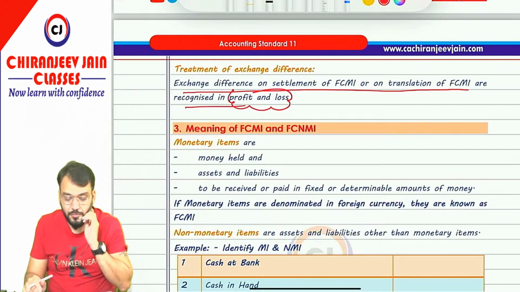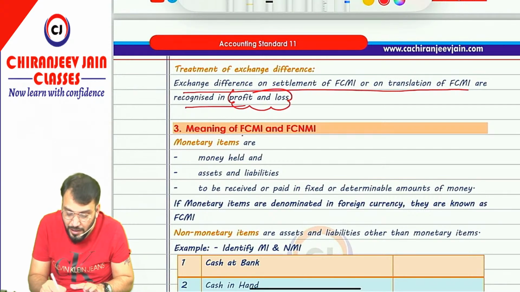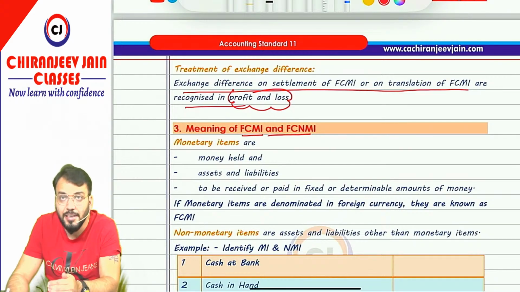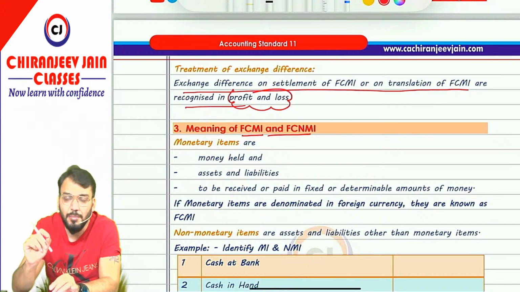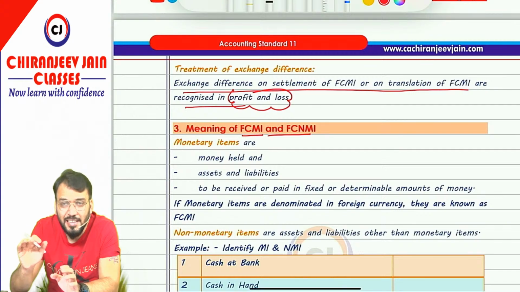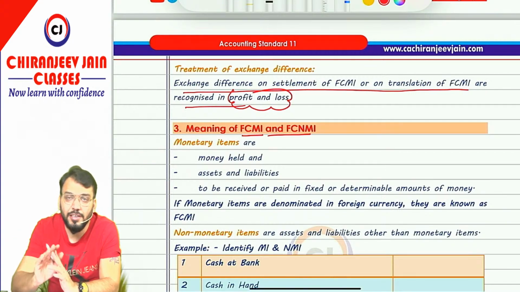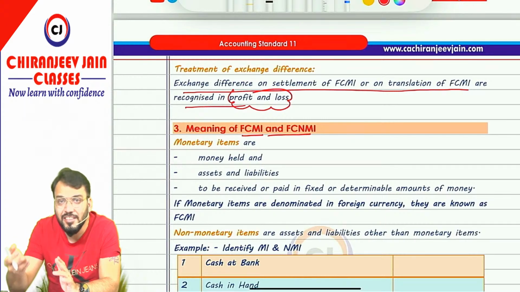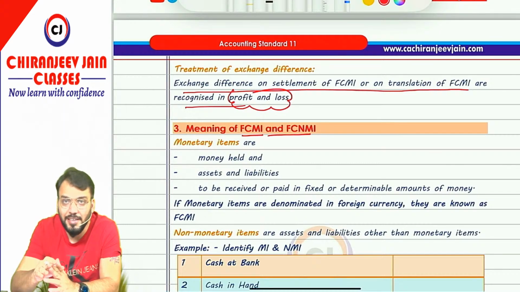Now coming to the meaning of foreign currency monetary item and foreign currency non-monetary item. In simple words, any receivable or payable in cash, or in currency, will be a monetary item. If you have some receivable or payable that is going to be settled in currency, whether Indian currency or foreign currency, it becomes a monetary item.